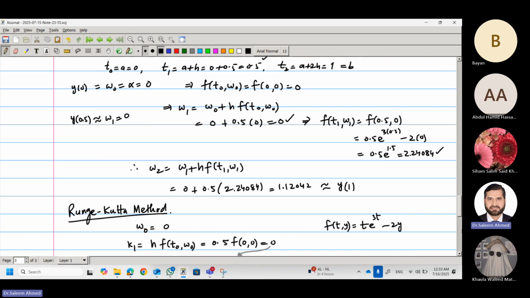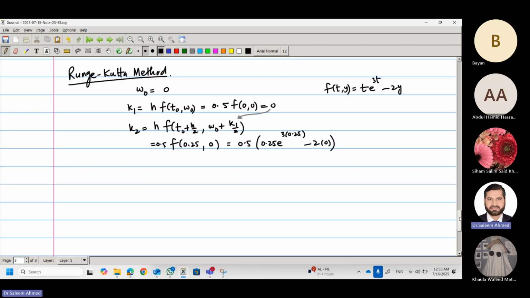If I calculate f at t 0.25 and y0, you will get 0.25 into e to the power 0.75, multiplied by 0.5. That is 0.264625.